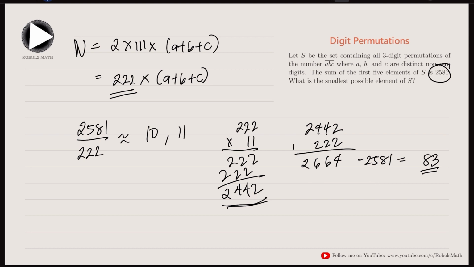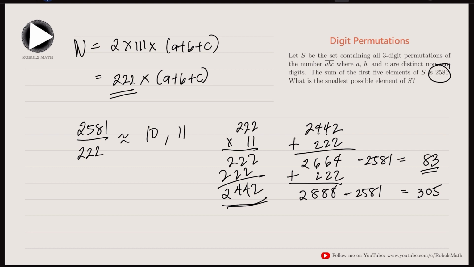We can continue adding 222. We get here 2888. Again, we subtract 2581. We get 305. Oh, sorry, that's wrong. We get, what am I doing?